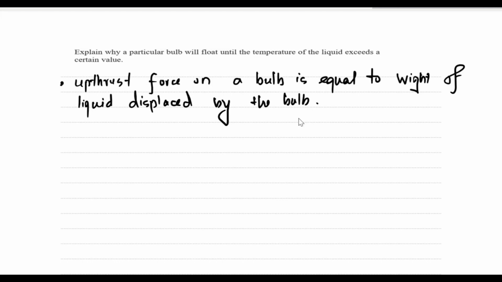Upthrust is the amount of upward force experienced by a solid object when it is submerged inside a liquid or gas. Archimedes discovered that this amount of upthrust force on a solid object is equal to the weight of the liquid or gas displaced by the object.